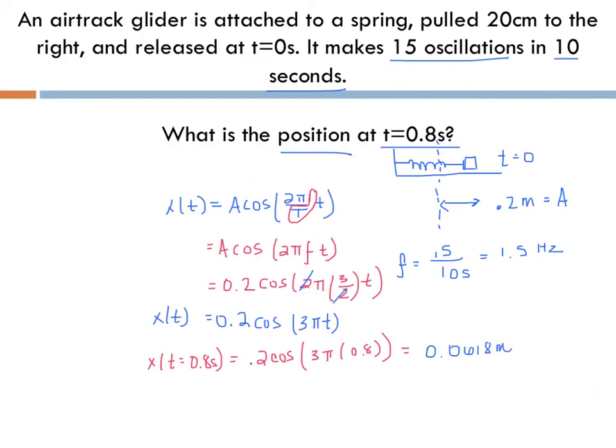The position still has units of meters here. That means this is the distance away from my equilibrium position. So this is where we can be found at t is equal to 0.8. Now again, because it is positive, it is to the right of my equilibrium position.